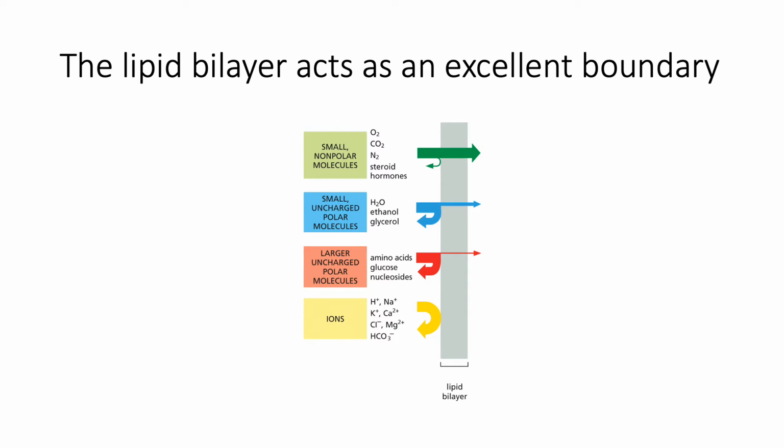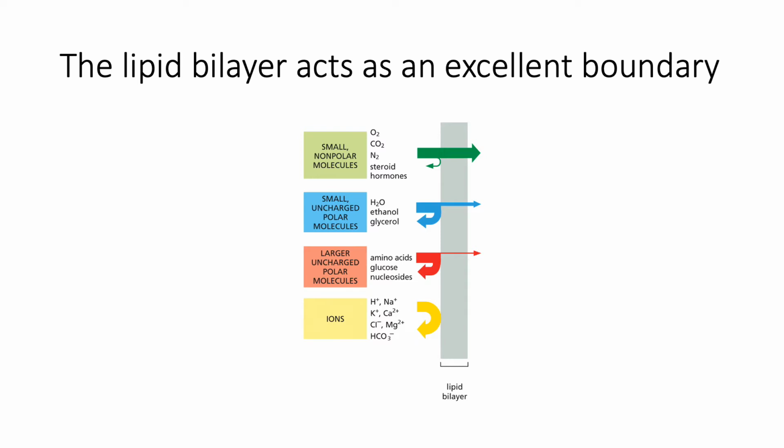So oxygen, CO2, nitrogen can all get through super easily. Steroid hormones are also nonpolar. They can get through the membrane. I alluded to this earlier, because when we talked about steroid hormones in terms of transcriptional regulation, like the estrogen receptor, the receptor was in the cytoplasm, not on the cell surface, because these things get right through the membrane, and so the receptor's in the cytoplasm.